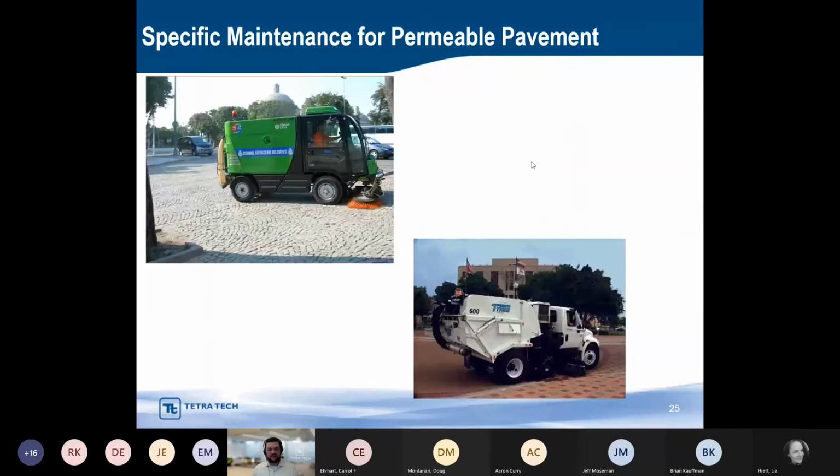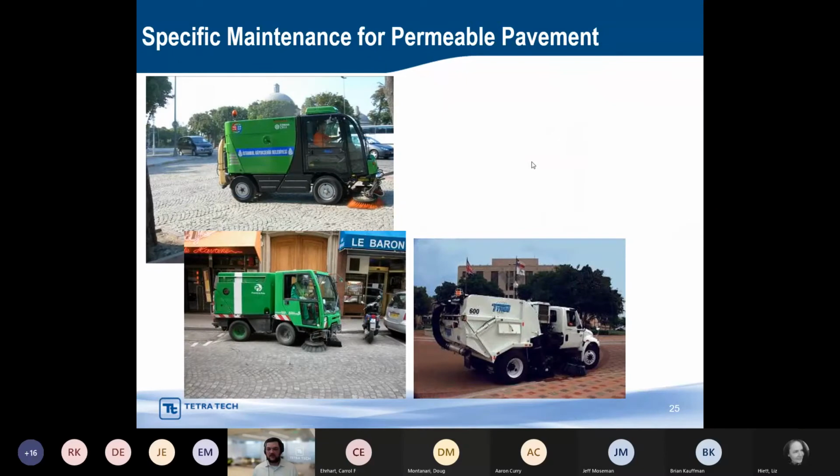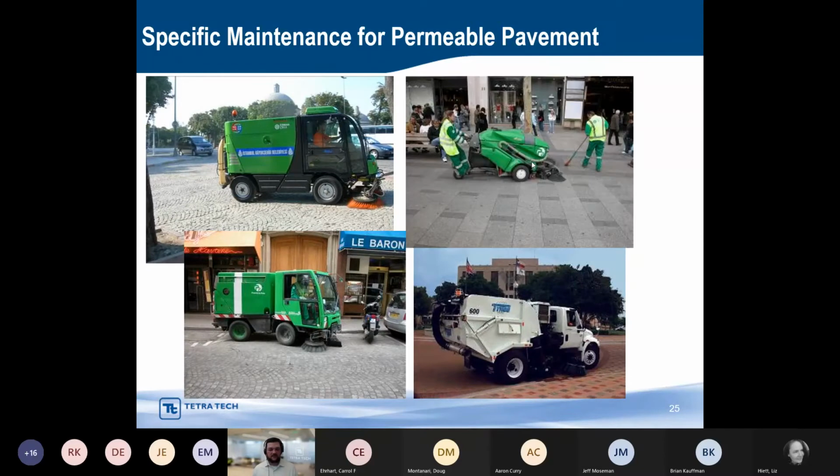Sweeping, again, there are lots of different types of street sweepers, big to small. I think the one on the bottom right is in Texas. As expected, it's a very large street sweeper, but it depends on the level of maintenance. Generally what we found is that mechanical sweepers and regenerative air sweepers work well for routine maintenance.